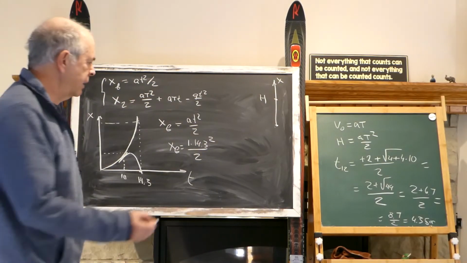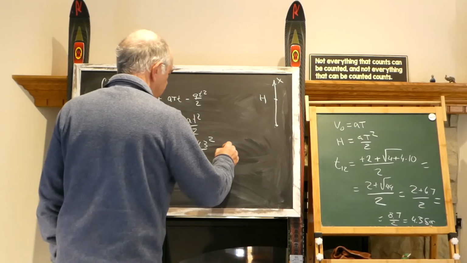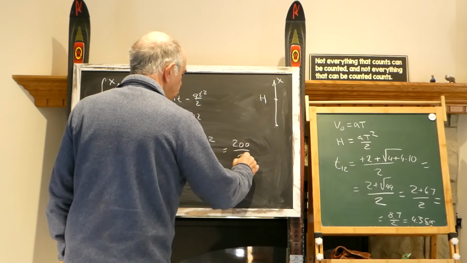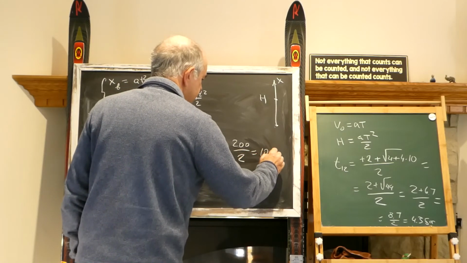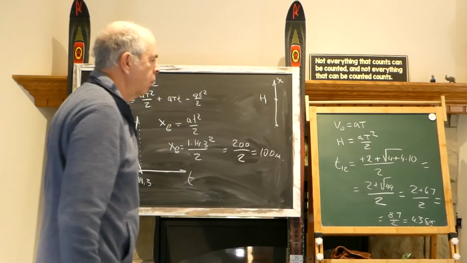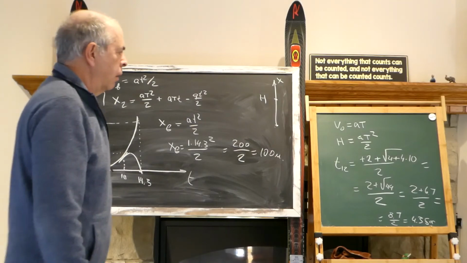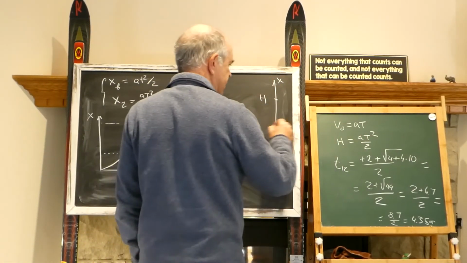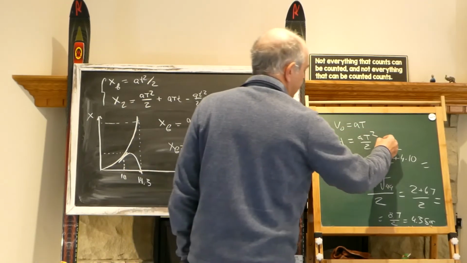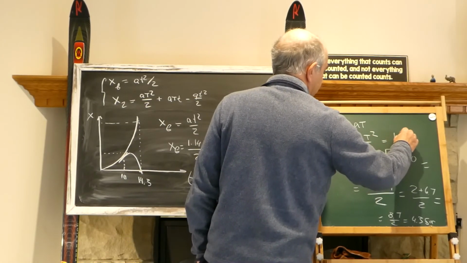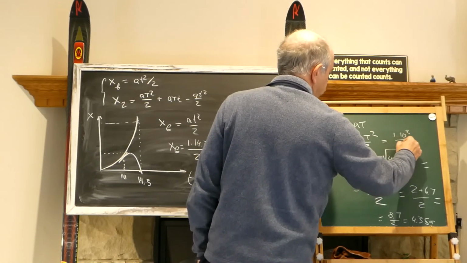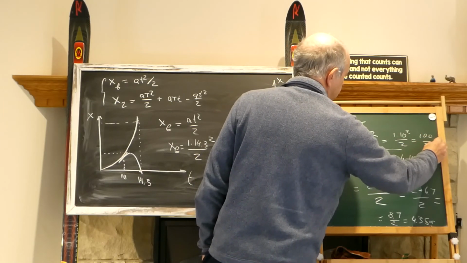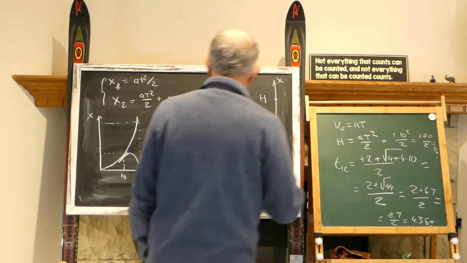Well, let's say very roughly, it would be 200 over 2. It would be 100 meters. So this h, if we put the numbers, would be 1 over 2 of 100, which is 50 meters.